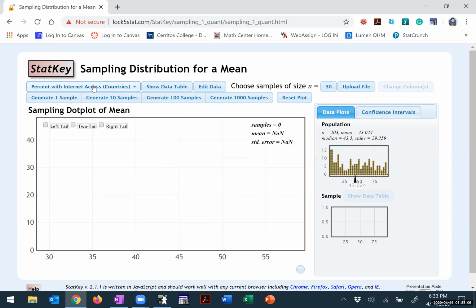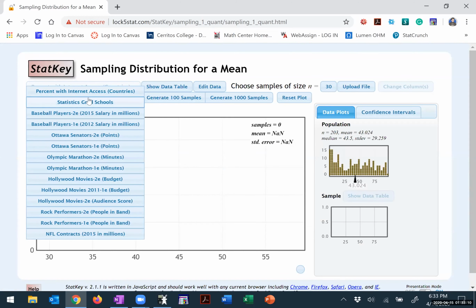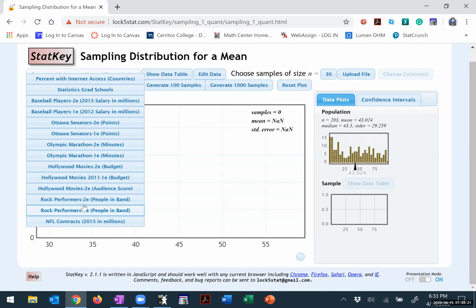This is percent of internet access in countries, statistics of grad schools. There's a bunch of things I could look at. They have all this data online that you can mess around with. Number of people in a band. That's kind of cool. Rock performers, people in a band.